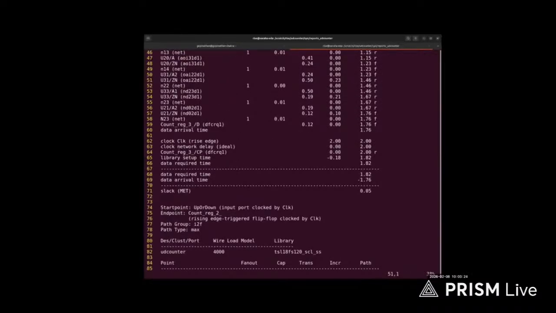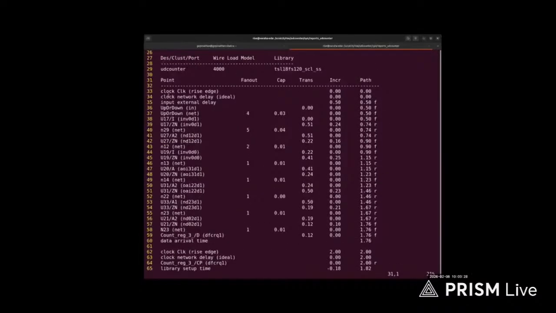See here we have applied the clock. Now here the up or down pin is getting connected to the inverter. Just look into this value alone. There is a default input external delay of 0.50 nanosecond.